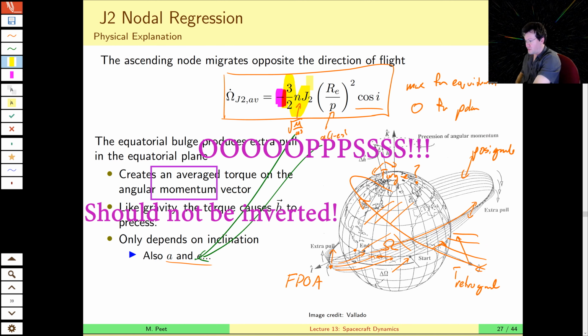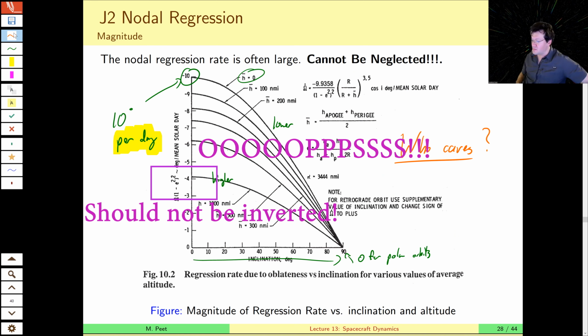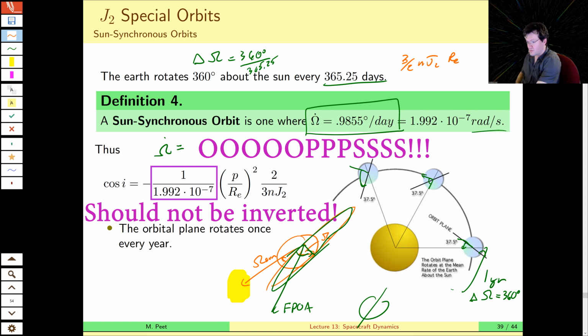If we put that into our formula for omega dot, and then solve for I, then we can, let's see if I can, I probably cannot remember that, but 3/2 n J2 R_E over p squared cosine I. Probably should have put that on the slide. Was it cosine I? Unfortunately, I don't have students here, so I can't remember.